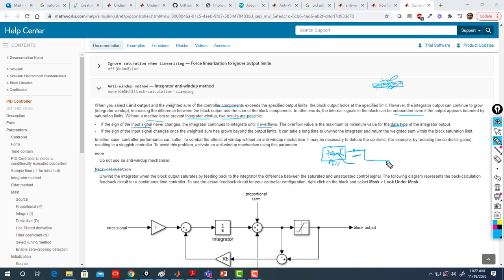For example, as I gave you the example of the input signal changing down, the example of the water level tank, and the example in the video when you leave your hand from the drone, it can take a long time to unwind the integrator and return the weighted sum within the block separation. It takes time, and in this time the signal will overshoot.